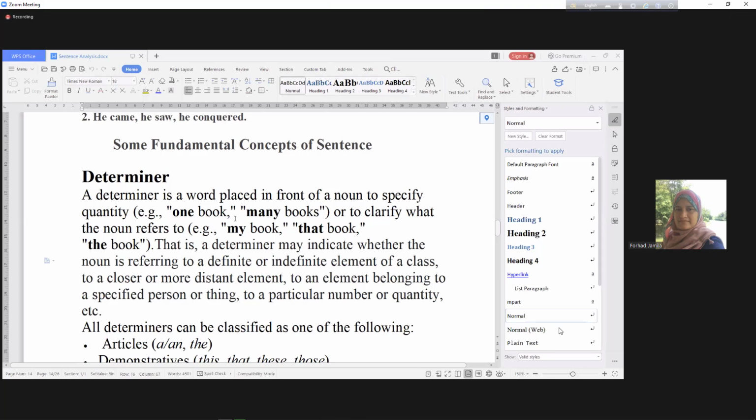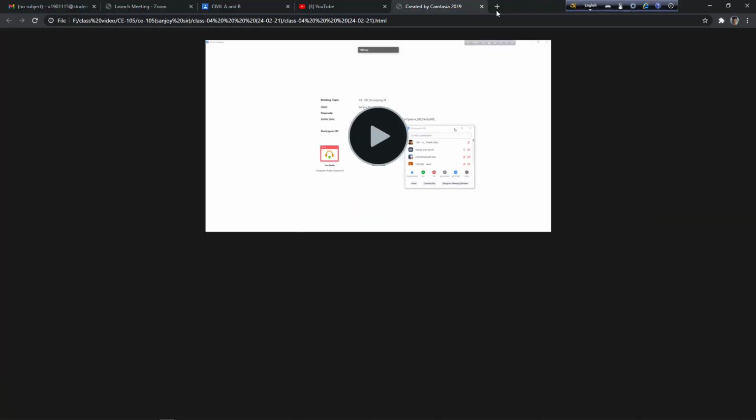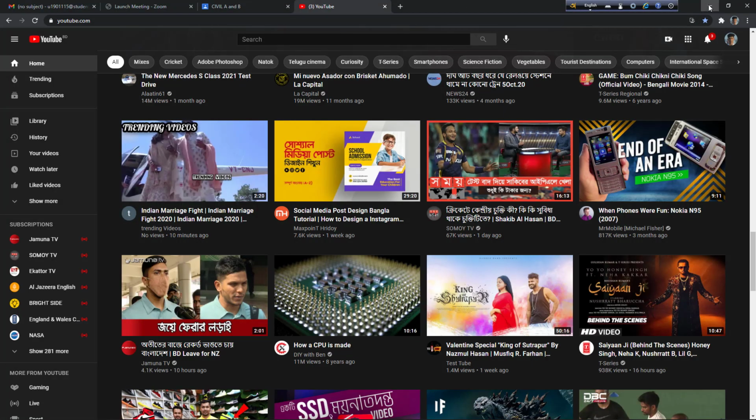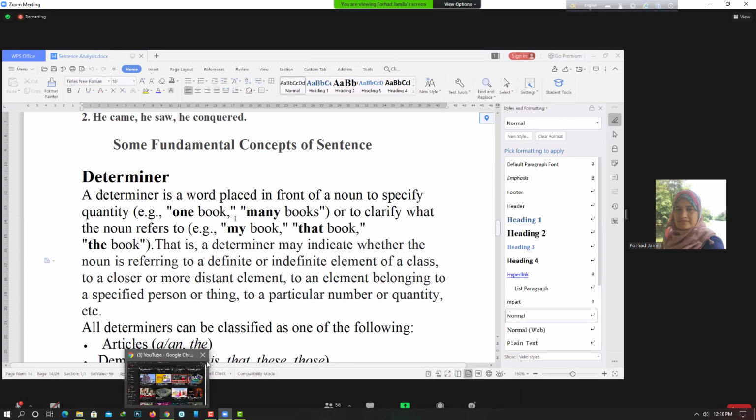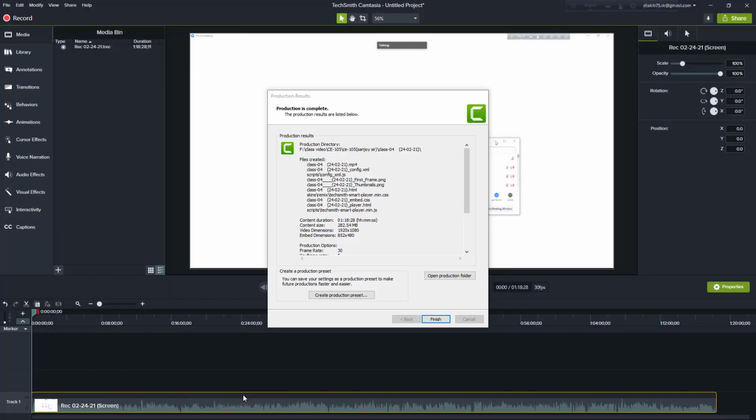Then there is a particular number or quantity. I have two books, two, particular number. Or quantity, there is little water.